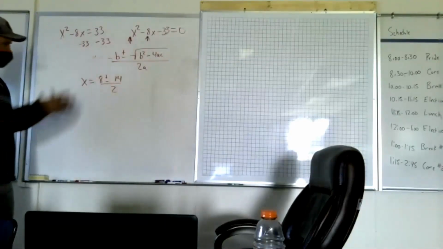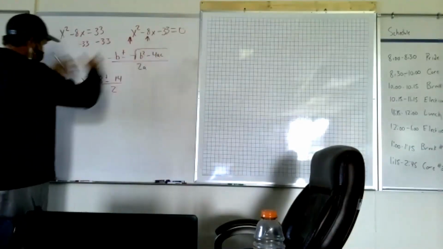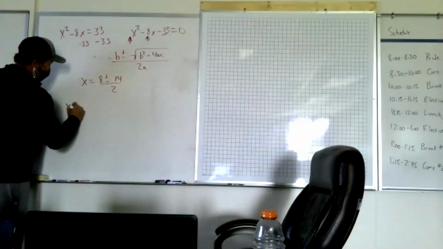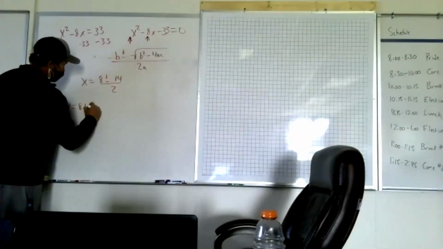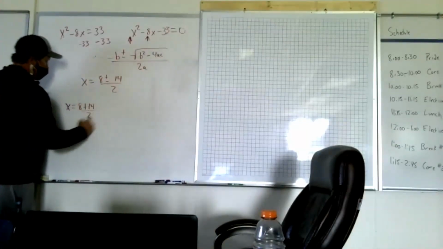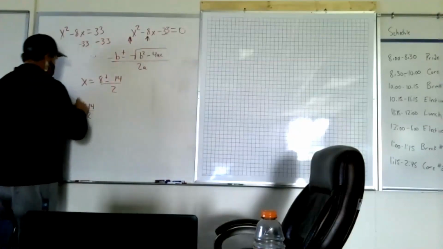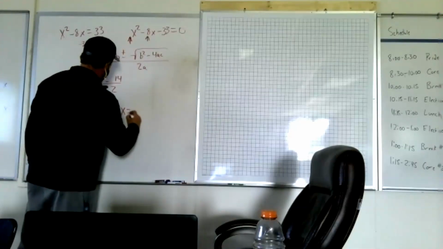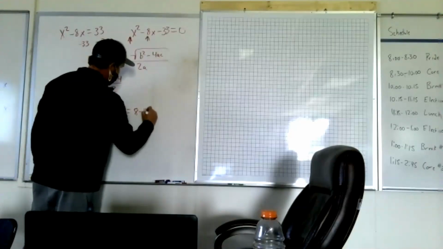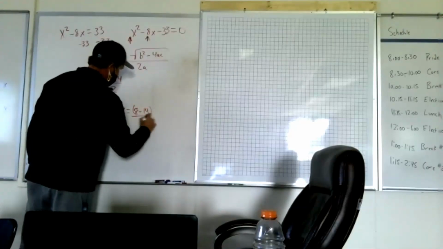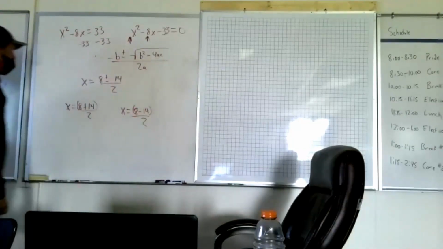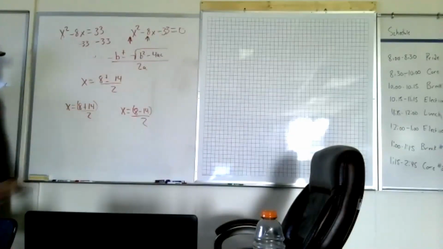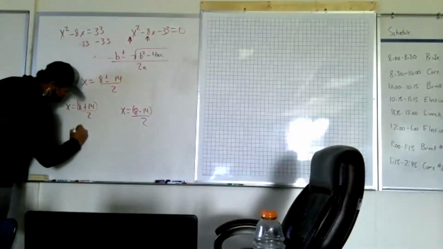That's plus or minus, two ends of the parabola, so we have to split it. Our first root, x is equal to 8 plus 14 divided by 2, and then x is equal to 8 minus 14 divided by 2. On this side, 8 plus 14 is 22, divided by 2, x is equal to 11.